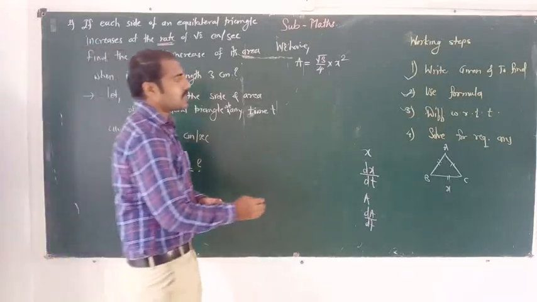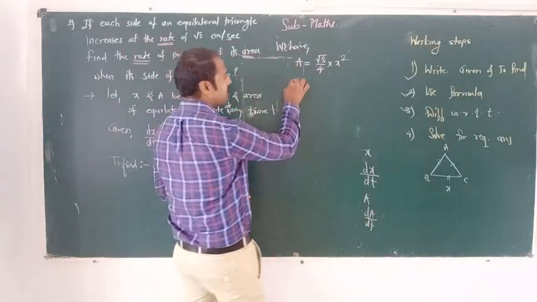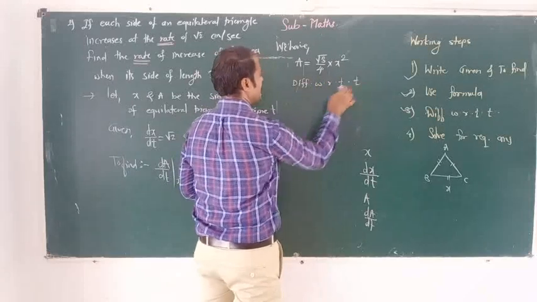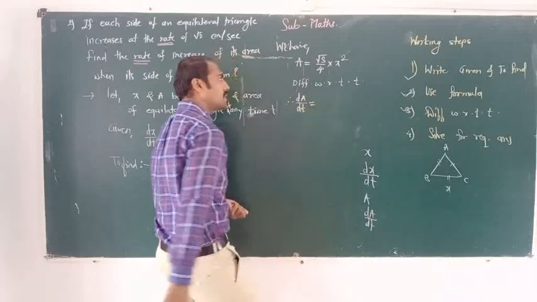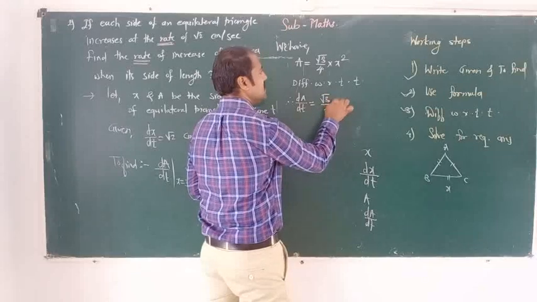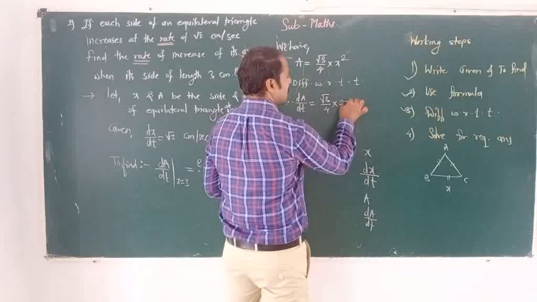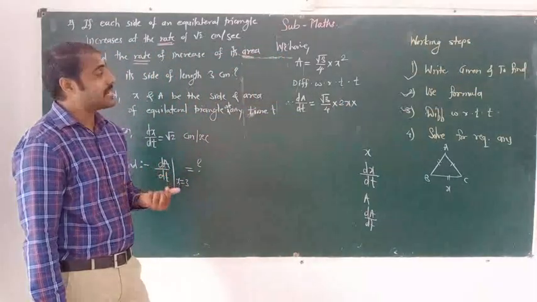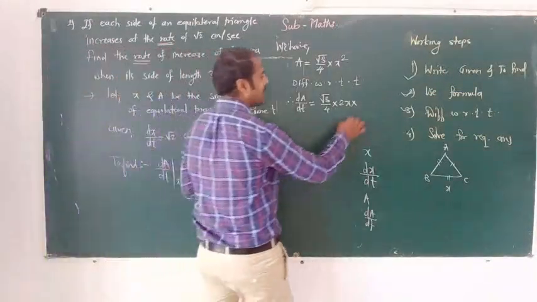So next step is differentiate with respect to t. On differentiating with respect to t, derivative of A with respect to t is dA by dt. Root 3 by 4 is constant, so as it is, into derivative of x square is 2x, and since we are differentiating with respect to t, multiplied by dx by dt.